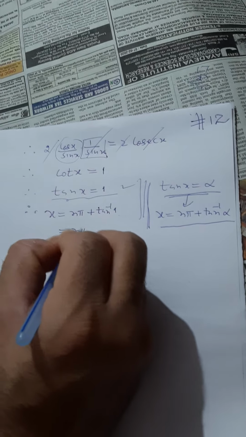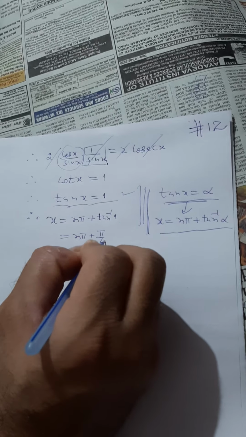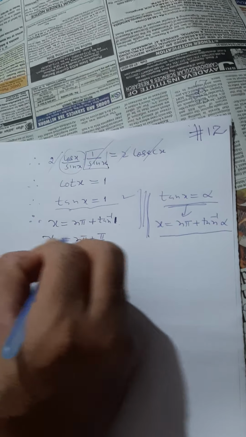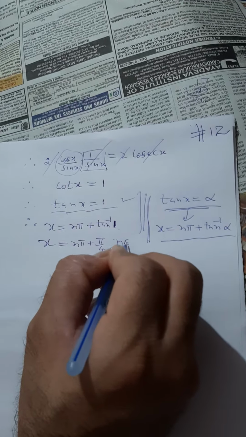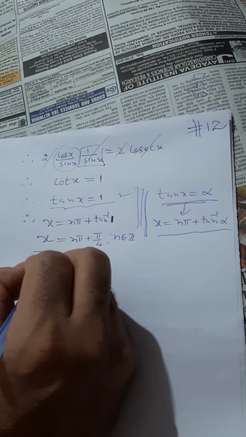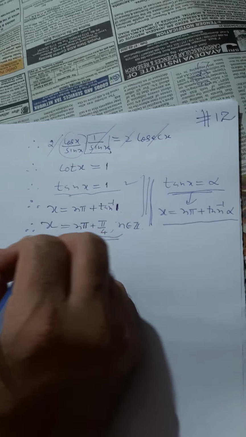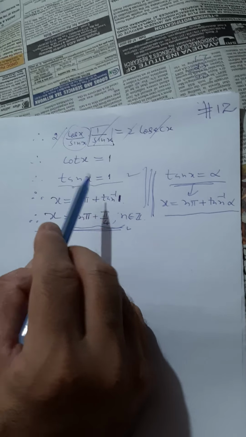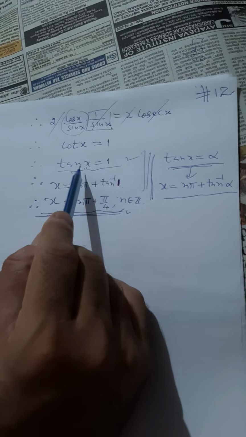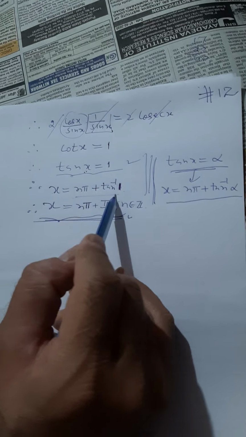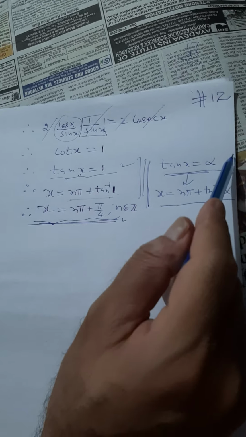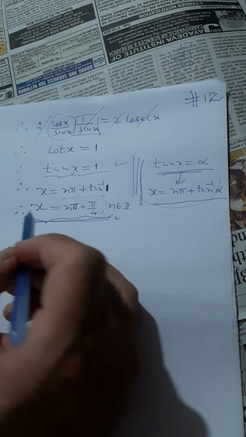So this is n pi plus pi by 4. You know tan inverse 1 is pi by 4, where obviously n belongs to Z. So this is the solution set of the above inverse trigonometric equation. This is from 11th standard, if you recall.